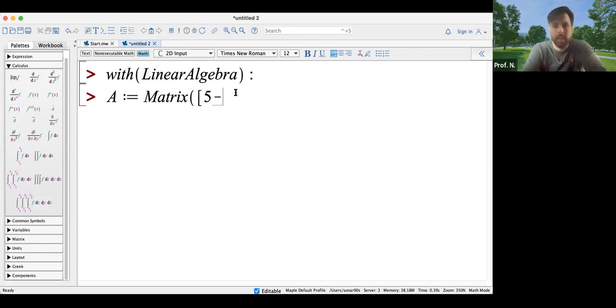Okay, so I'm going to treat it as x. 5 minus x, comma 4, comma 12. That's the first row. Then second row: 12, comma 7 minus x, comma 24. They have Greek on the left.